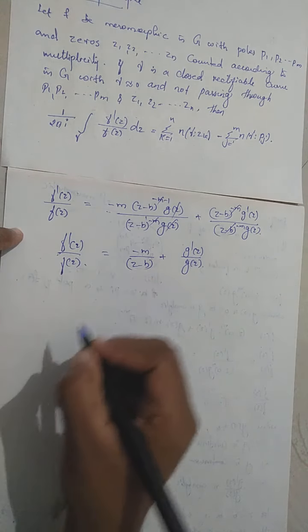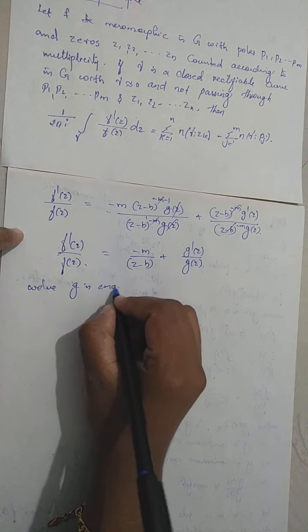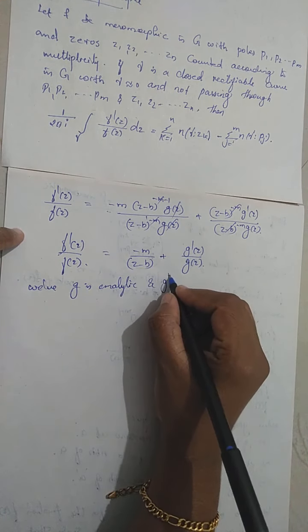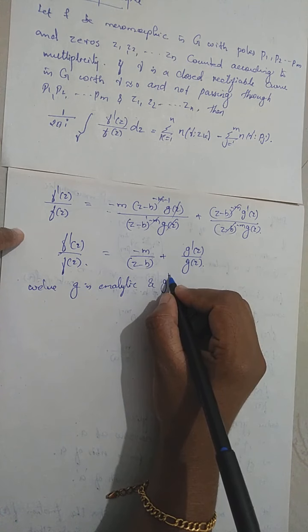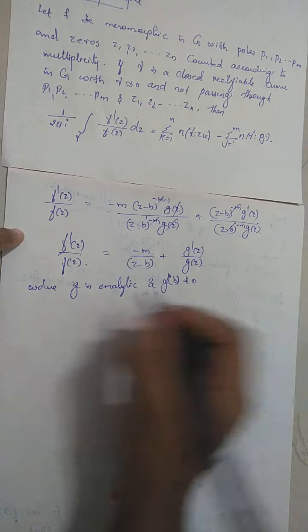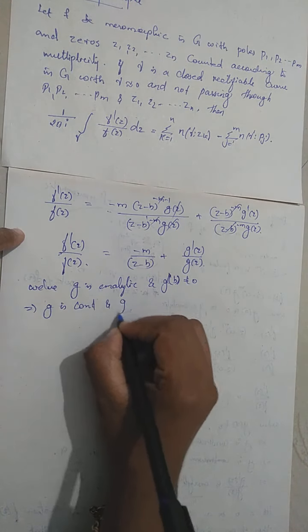Again we have g is analytic and g of b is non-zero. So when g is analytic, g is continuous and g of b is non-zero.